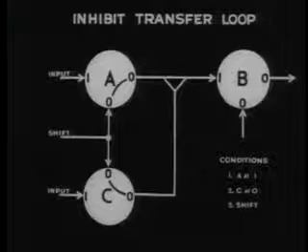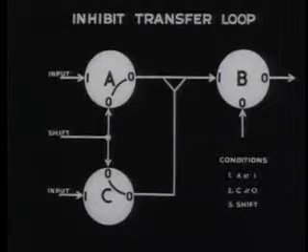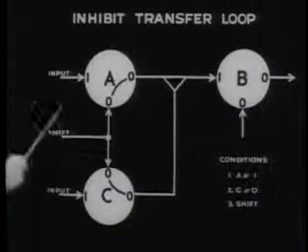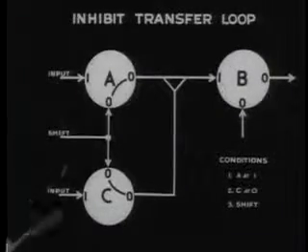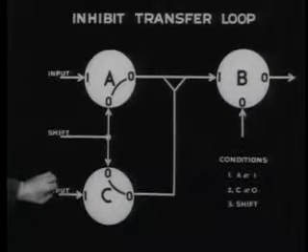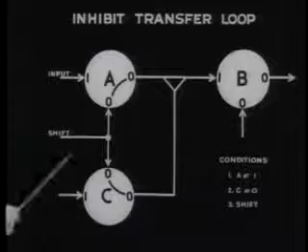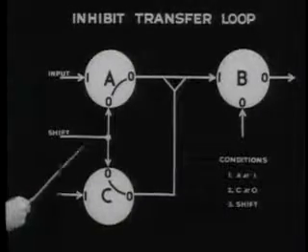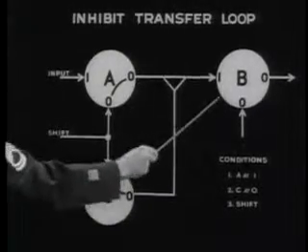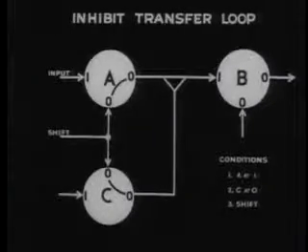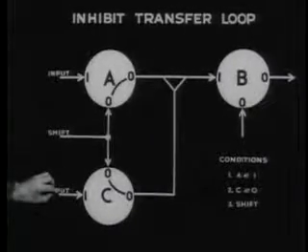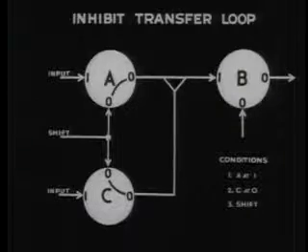In other words, assuming, as usual, that the 3 cores are initially at 0, if there is a non-dot input at A and no such input at C, then the shift pulse will transfer a 1 from A to B. But if the input does come in at C, there will be no transfer.